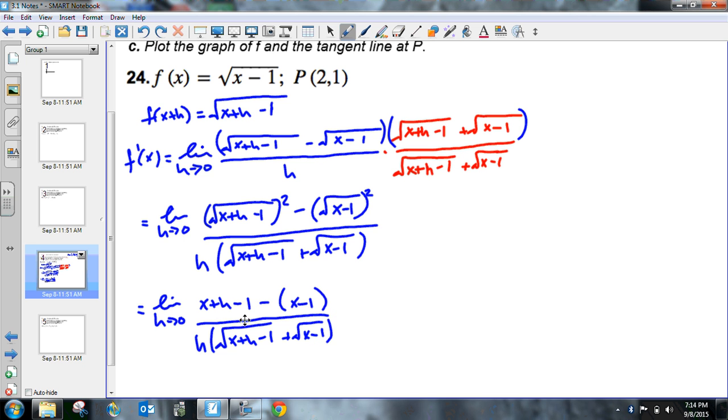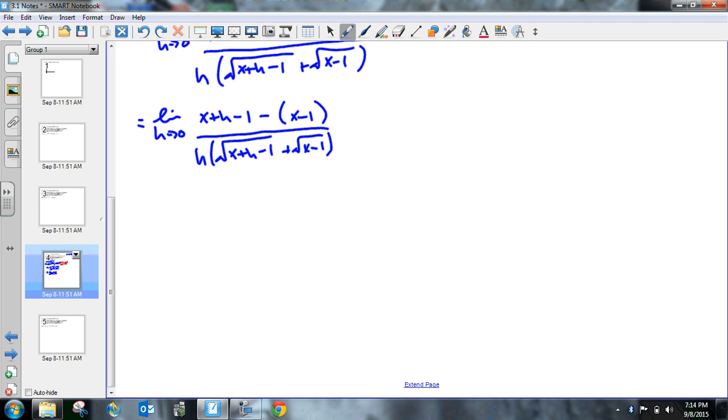All right, so now let's clean up our numerator over here. Limit as h approaches 0.